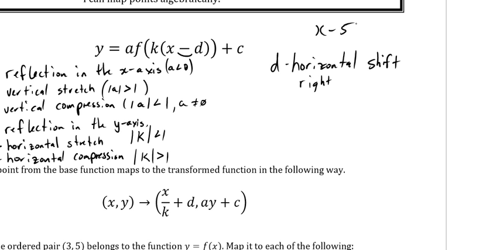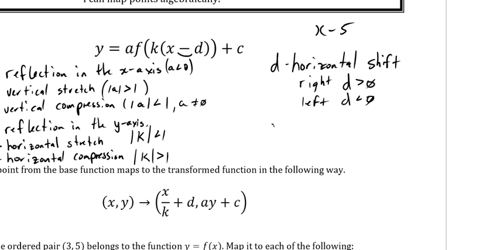But D is 5, because you're already subtracting in the formula. So it's a horizontal shift right if D is greater than 0, and a shift left if D is less than 0. But that's opposite from what's in the brackets. I'm sure you all know that because that's a big deal. People get very used to it. Just keep in mind that it goes the opposite way of what you see in the equation. But my D value is also opposite of what you see in the equation, so the value of D matches the direction that it's going.